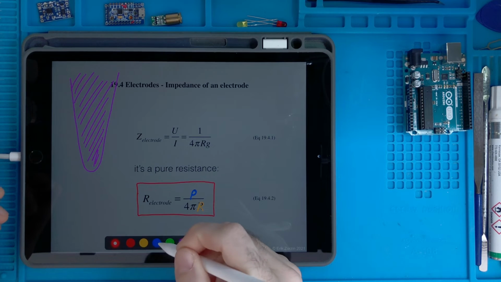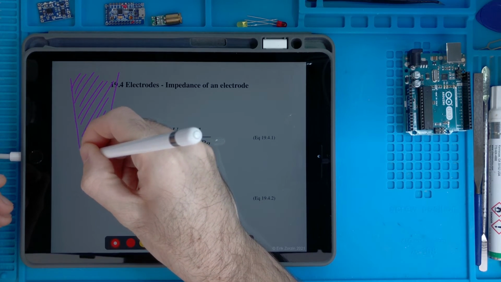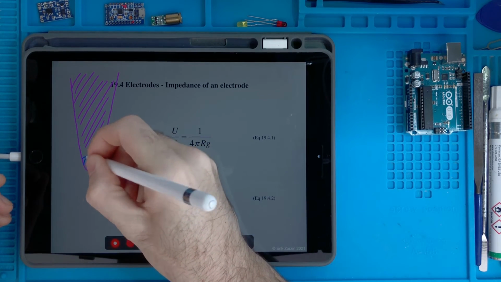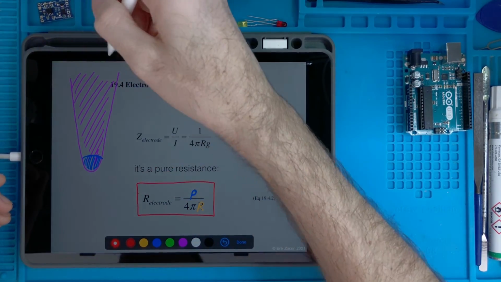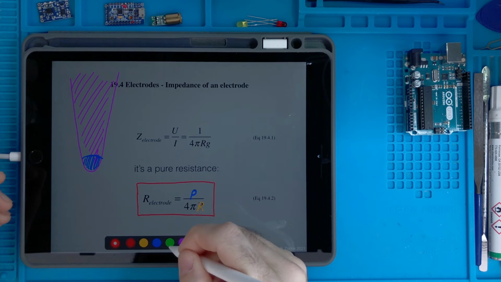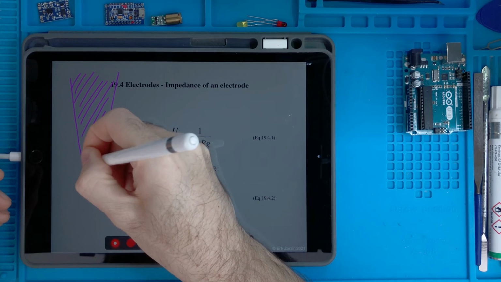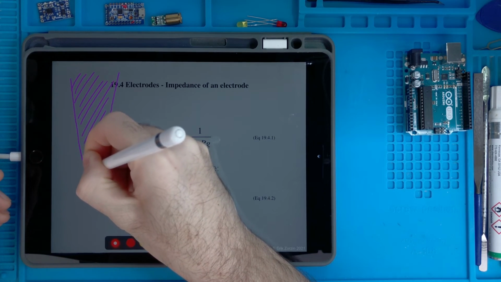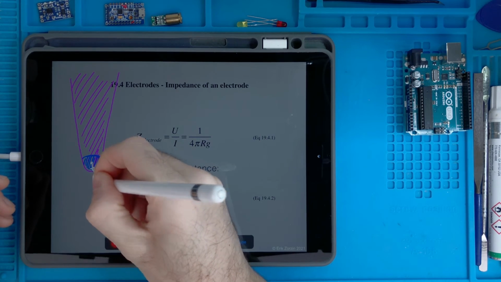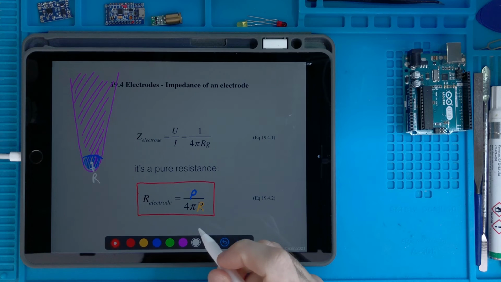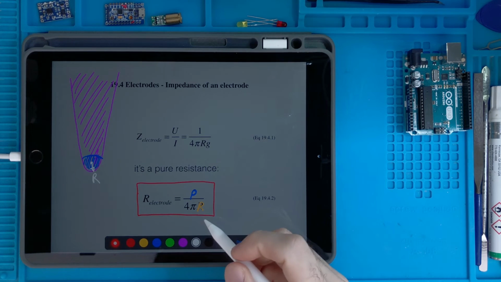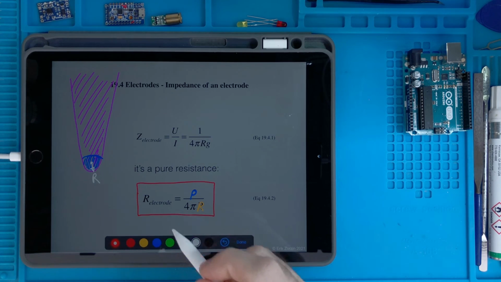So we have this situation: the tip is exposed and all the rest is insulated. So this tip here, we can approximate as a sphere of radius r, and then we see that the sharper the electrode, the higher the resistance.